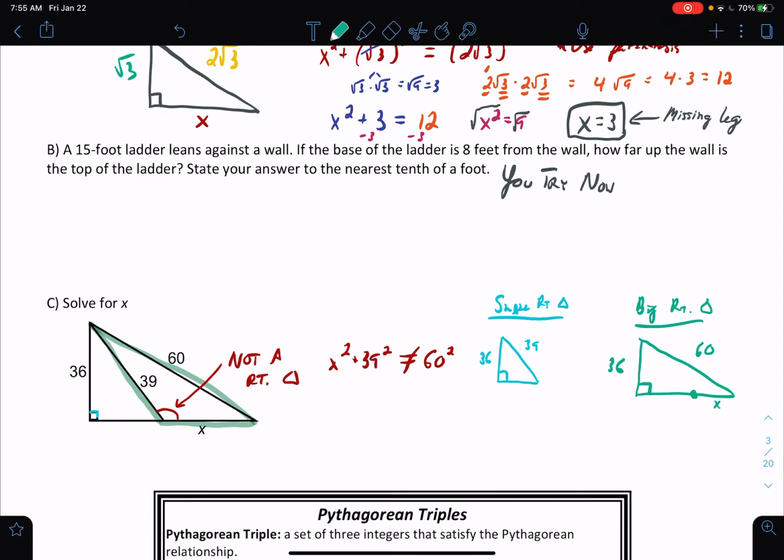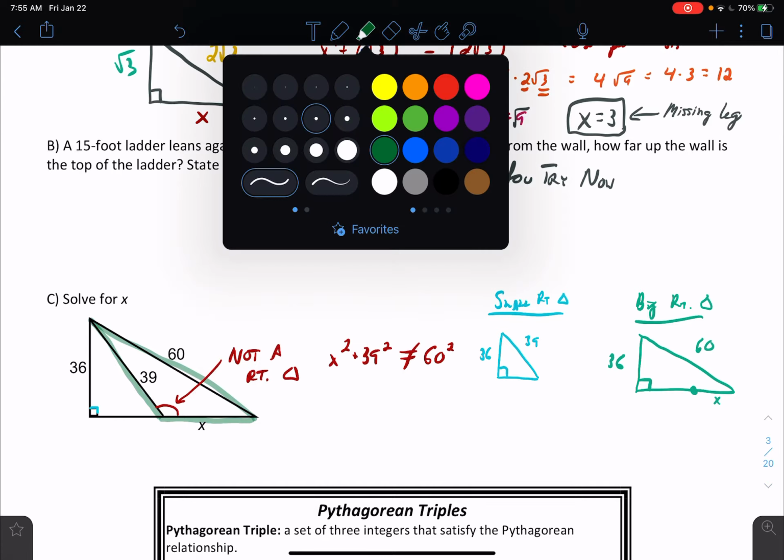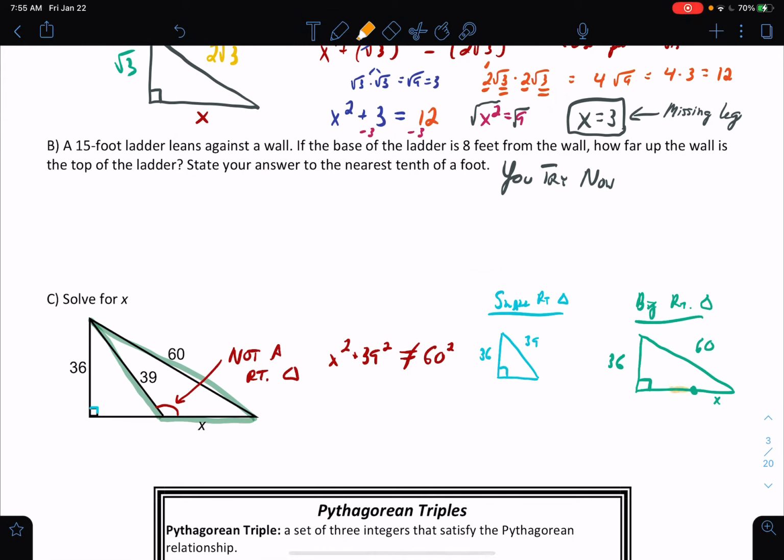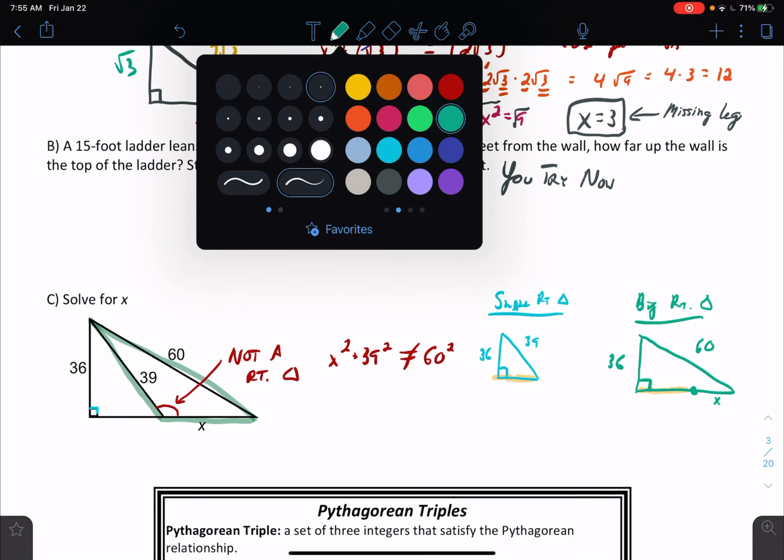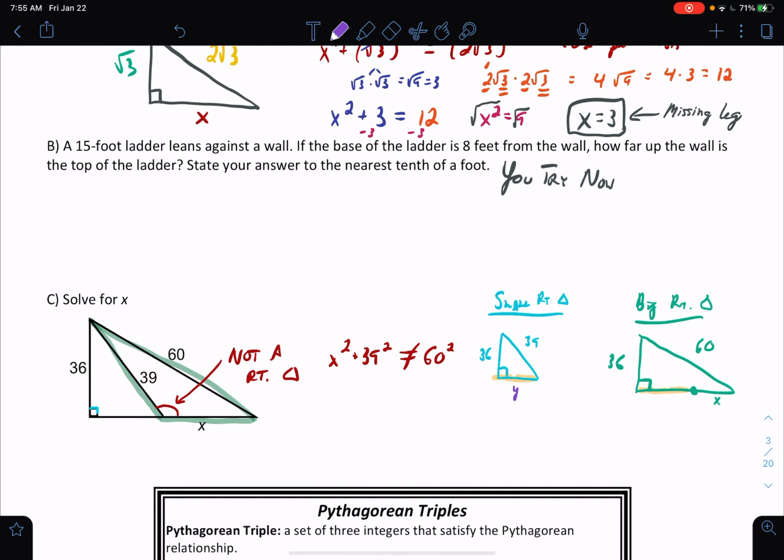Well, notice this other part here is the same thing as the bottom leg in my small right triangle. So what if I labeled this bottom leg y in the small right triangle? If I labeled it y, then we can solve for that part of the big bottom leg.